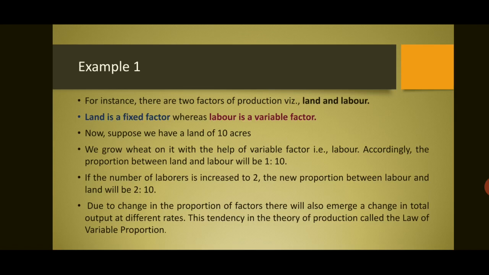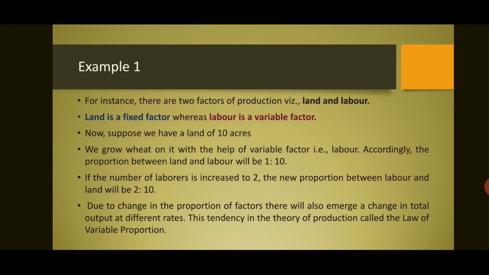Accordingly, the proportion between labor and land will be 1 labor to 10 acres of land. If the number of laborers is increased to 2 laborers, the new proportion between labor and land will be 2:10.